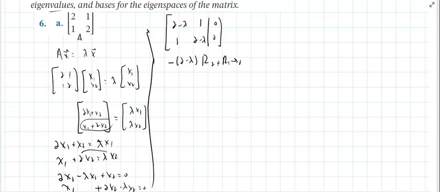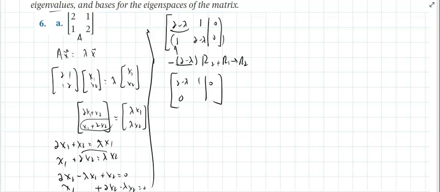Add it to row 1, put the result in row 2. Again, we don't do that, but multiply this by so that makes this negative 2 minus lambda plus that, that's 0.